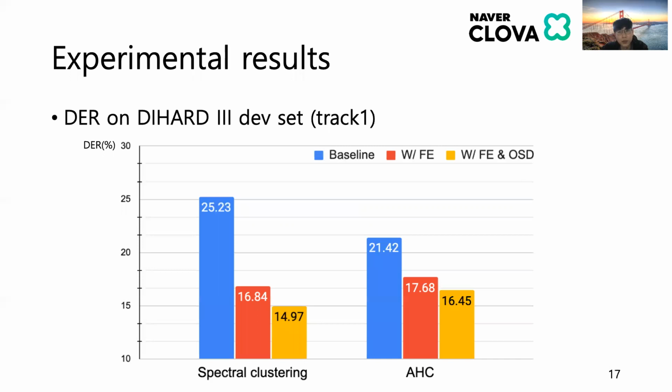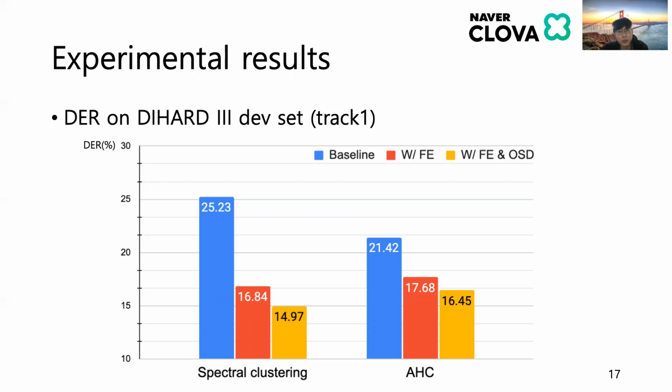This graph shows the performances of various diarization systems in DER. First, we found that the proposed feature enhancement technique increased the performance with a very large margin compared to the baseline.